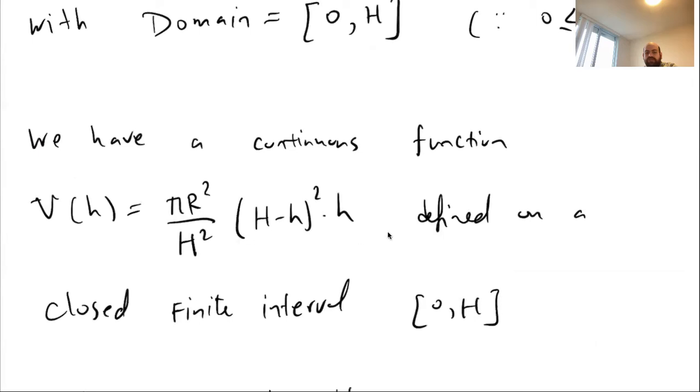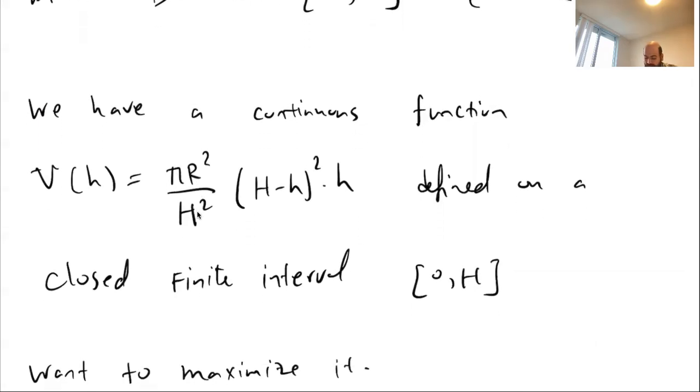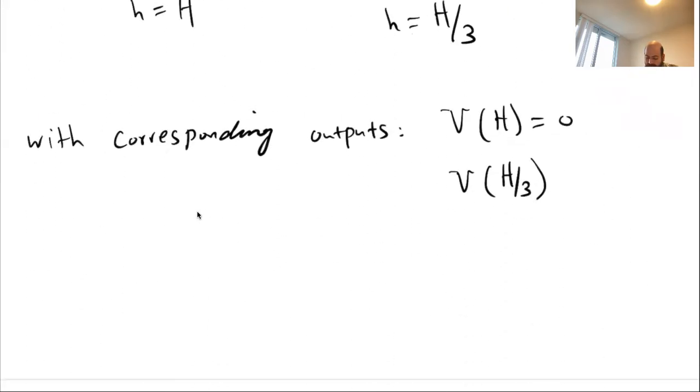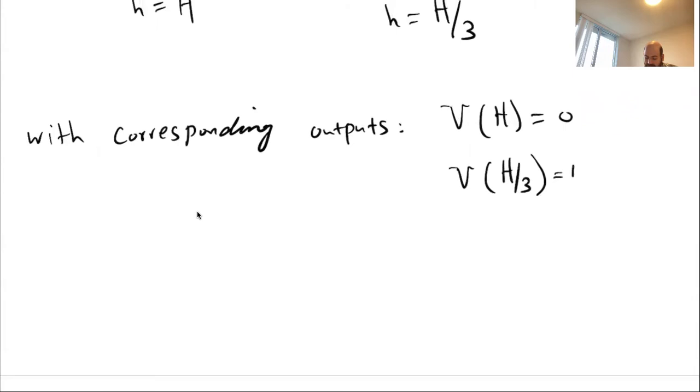This is the formula for V. So pi R squared over H squared times H minus small h, which is H minus H over 3, that will be 2H over 3, times H over 3.